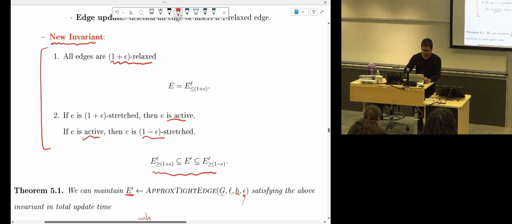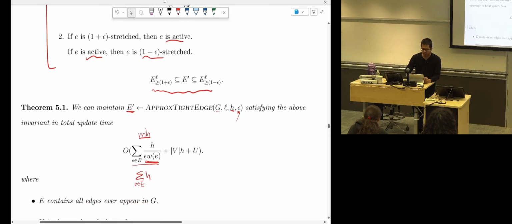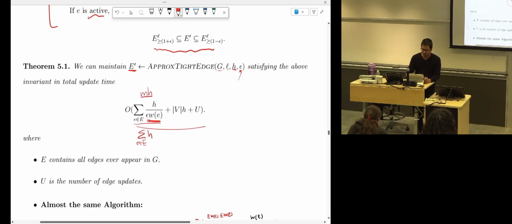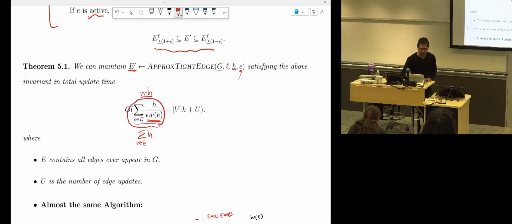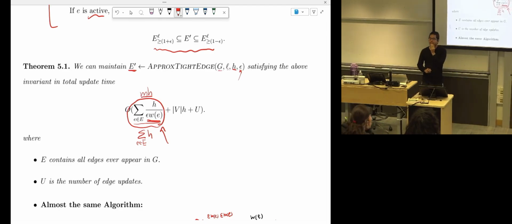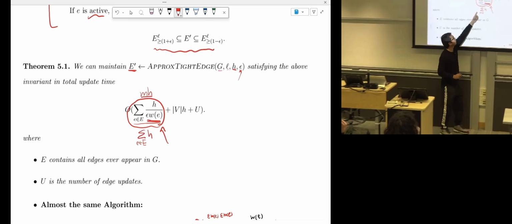Okay. So now let's see why the running time is this. Okay. So anyone want to explain? Actually, this is quite straightforward. Why do we pay this much? Where does this term come from?